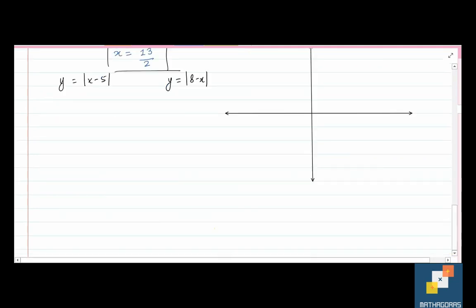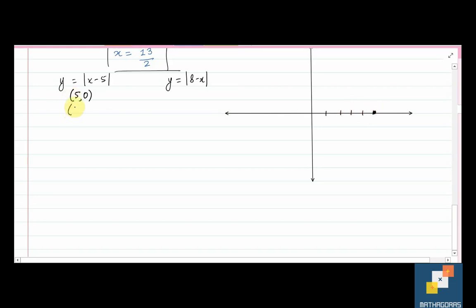Now first thing is you need to find the vertex. So if we talk about this left side function, at x is equal to 5, the vertex is x equals 5 and y will be 0. So on your graph 1, 2, 3, 4, 5, you got one point, that is (5, 0).